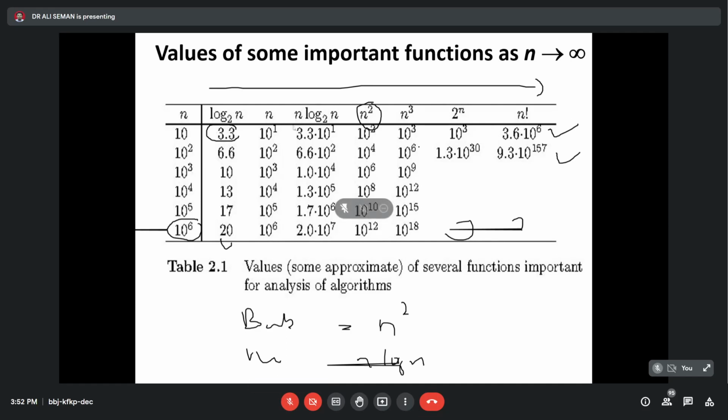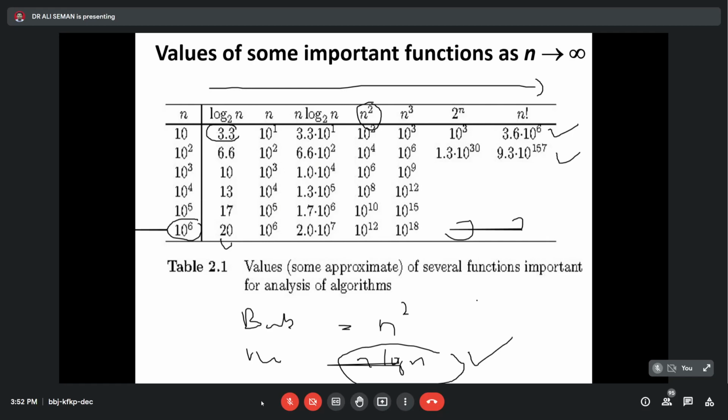So, based on the order of growth, of course, n log n is less than n squared, right? So, of course, merge sort is more efficient compared to bubble sort. Clear?